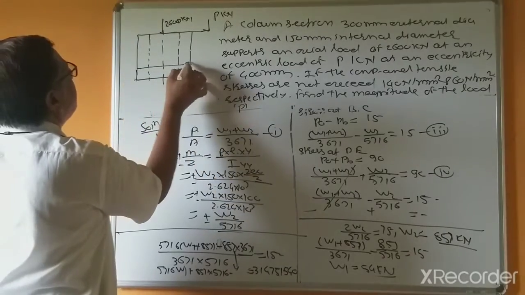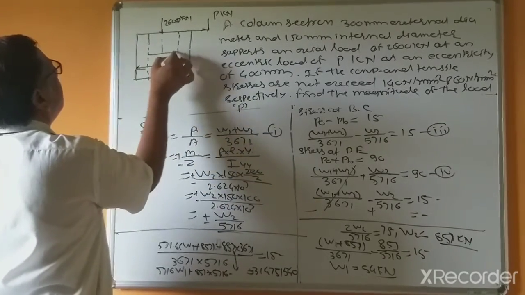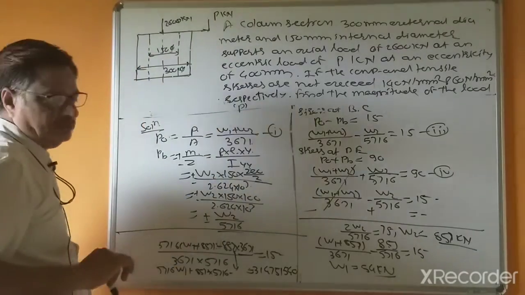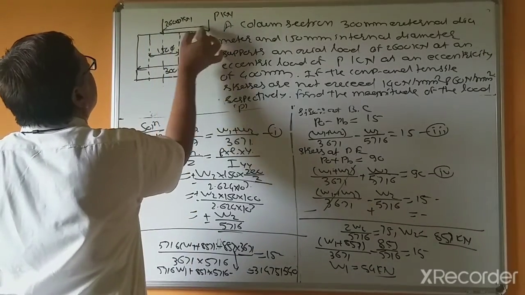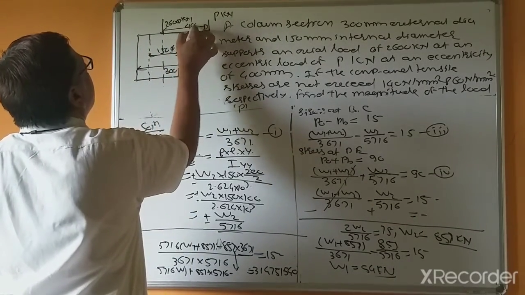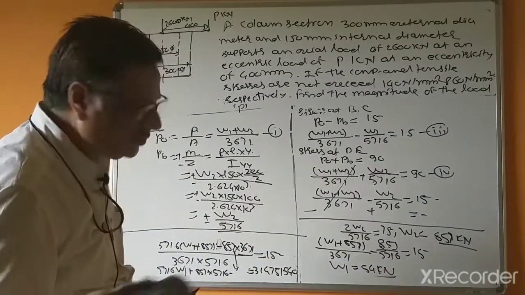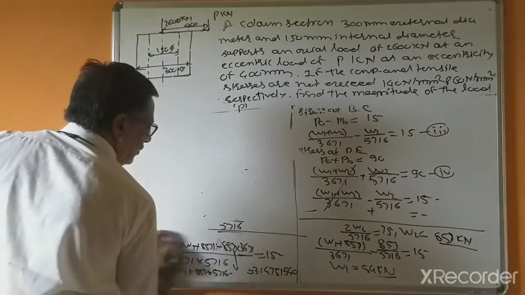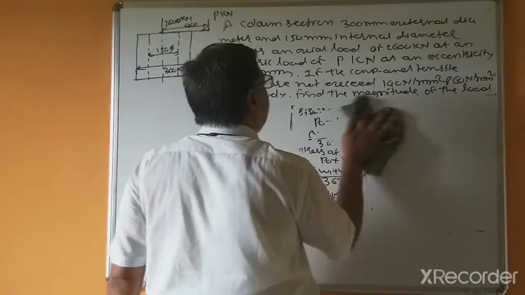Diameters, external diameter 305, 155, and this distance equal to 400. Again, this is a complicated problem.